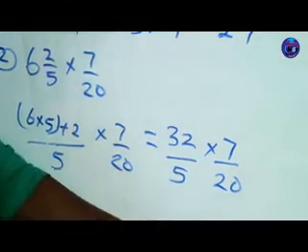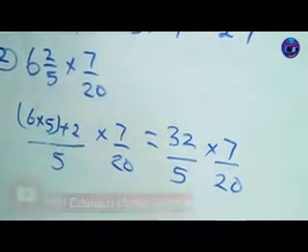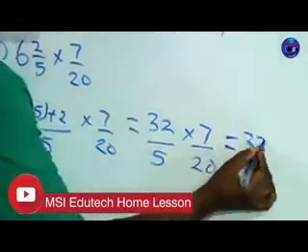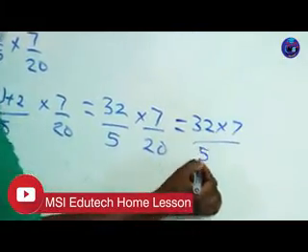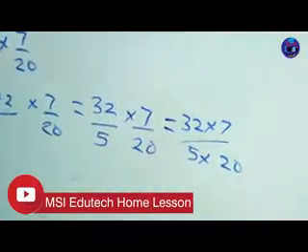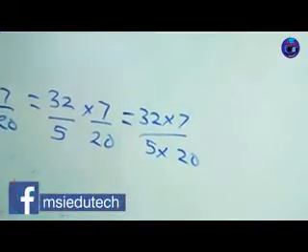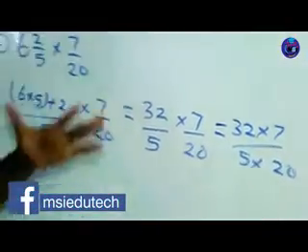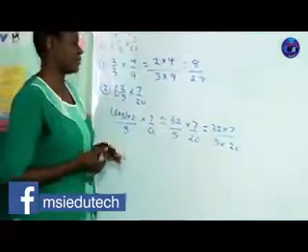Looking at this, we could go directly as it is to just have 32 times 7 all over 5 times 20. Then you multiply directly and get the answer, or try to reduce them to the lowest terms.